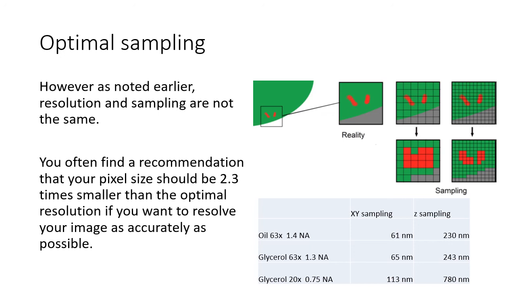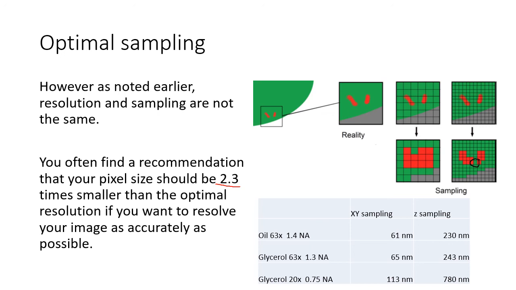You can often find a recommendation that your pixel size should be 2.3 times smaller than the optimal resolution if you want to resolve your image as accurately as possible. And this can be thought of as a way to make sure that you can fit a pixel between the two structures you're trying to resolve.